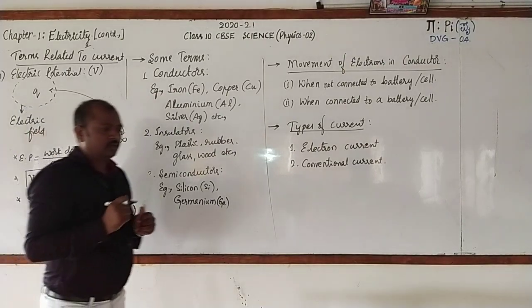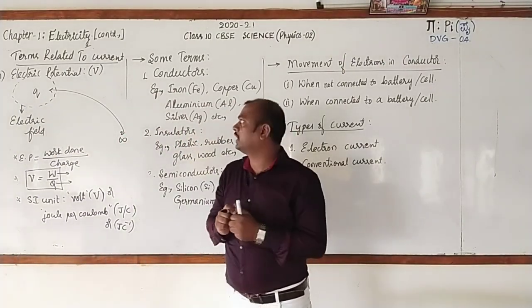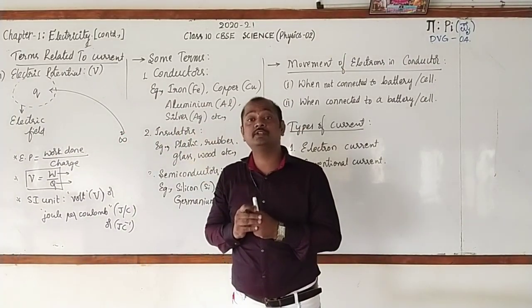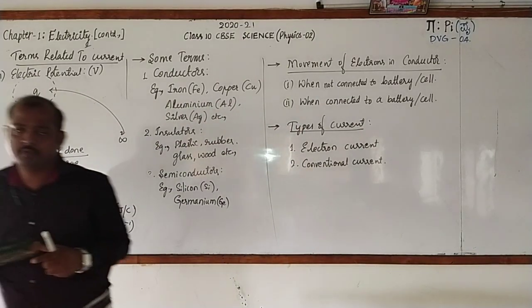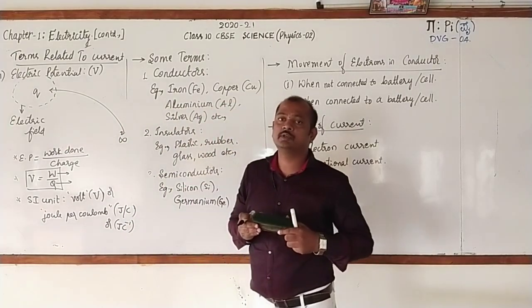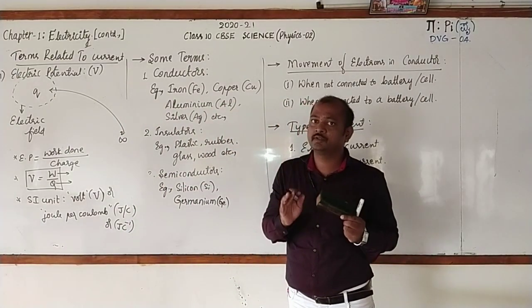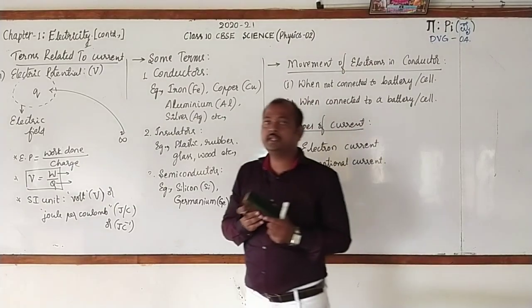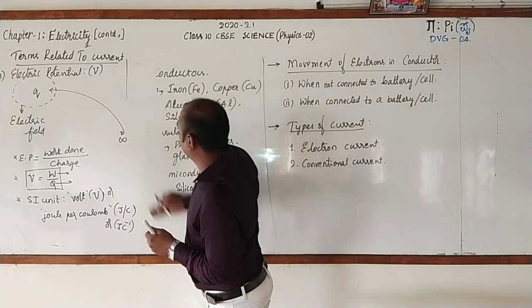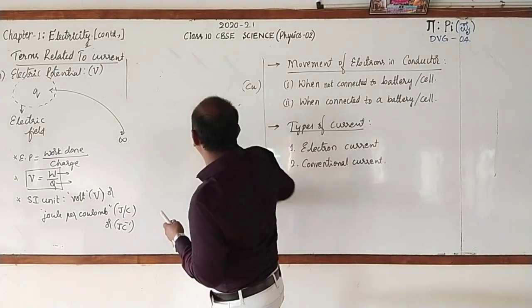Then why do we have to understand electric potential? Let me tell you that. In this chapter we are discussing charged particles, even charged bodies also. If a body gets a charge, then what about its potential?